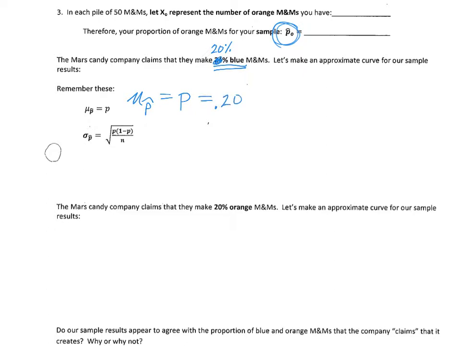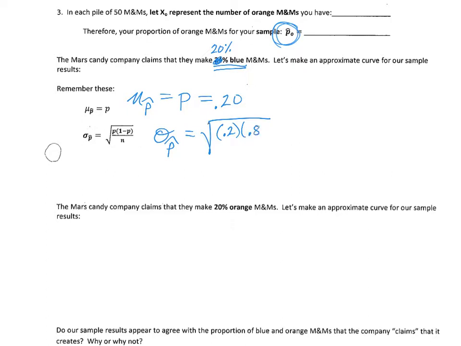But now let's figure out how much our samples are allowed to vary. So that's the standard deviation of our samples. So all of our little samples can be different from each other. Let's see how much different. So I'm going to use the formula, square root. What is the value for p that I put in here? 0.2. If the value for p is 0.2, what's 1 minus p? 0.8.